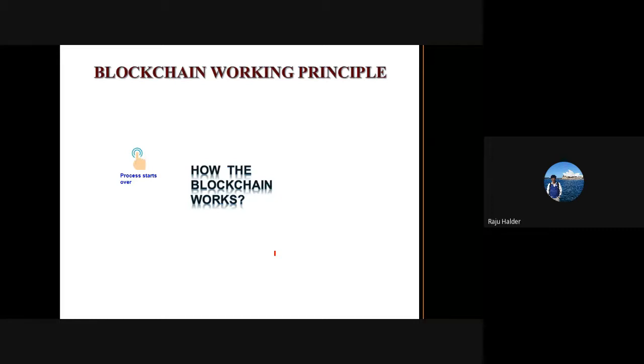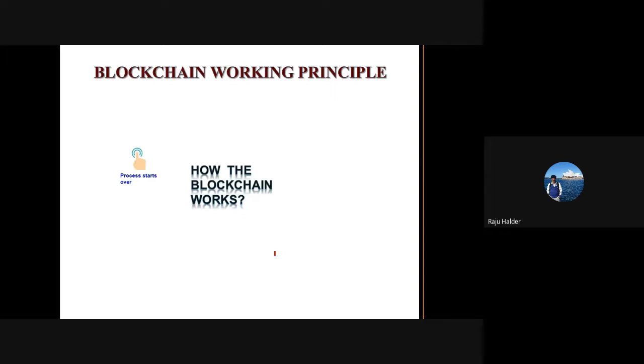What you do, you ask your wallet, the wallet software will help you to create a transaction. In that transaction, you have to mention from where you got this money. I mean, there is some previous transaction through which you got money, right?